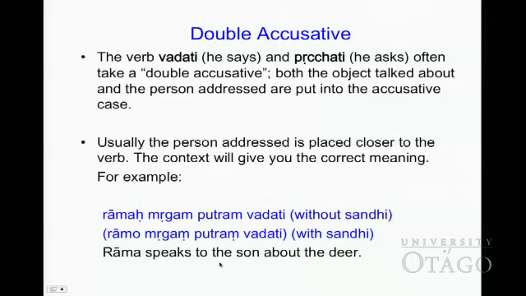Is this possible? Because in some stories or Jataka in the old scripts of India, some animals can speak to human beings. So if you put it in your way, you have to translate like I have taught you: Rama speaks to the deer about the son, or Rama speaks to the son about the deer.